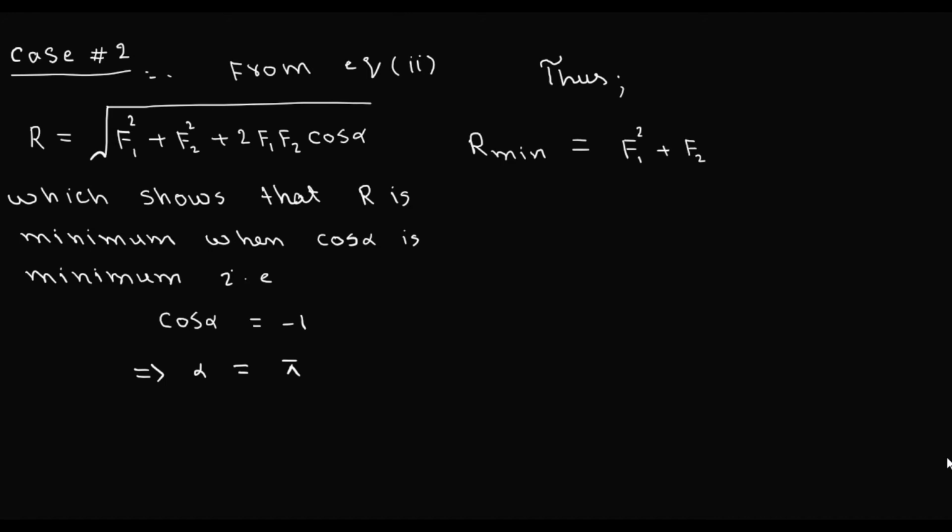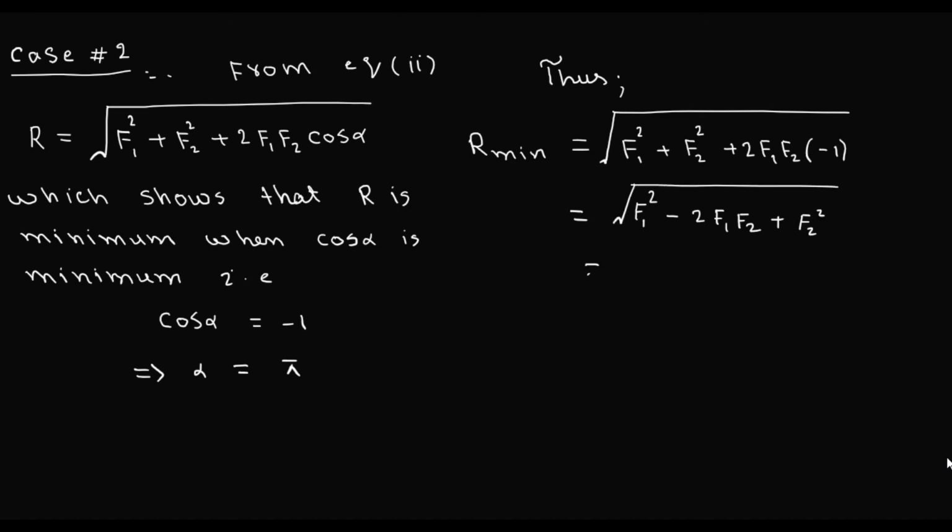So F1 square plus F2 square plus 2 F1 F2 cos pi. The value of cos pi is -1, so we can write F1 square plus F2 square minus 2 F1 F2, and then we take its whole square root.